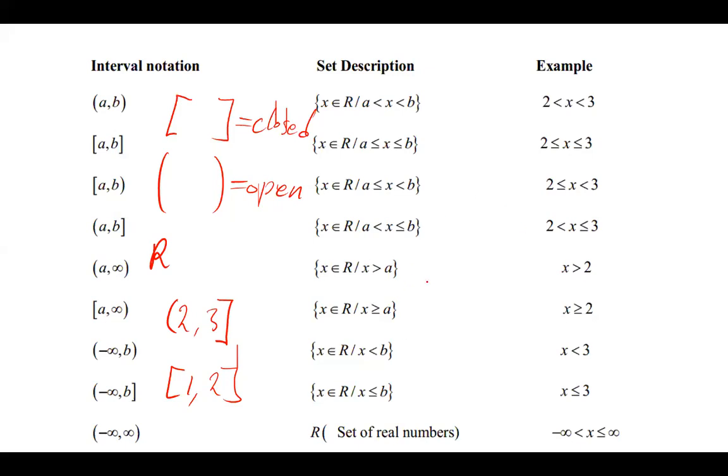And then if you have something like this, maybe 3, 5, it means that 3 is not part of the set, 5 is also not part of the set, implying that you're only talking about numbers between 3 and 5 without including 3 and 5. So this is what they mean when they talk about these kind of brackets.